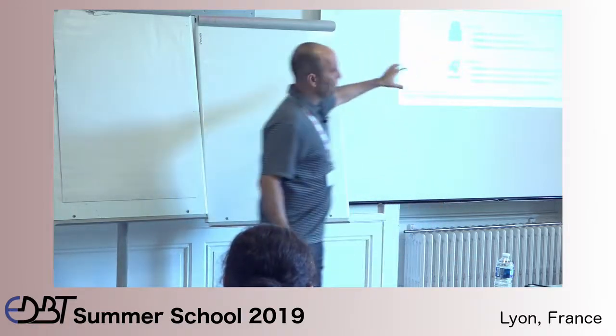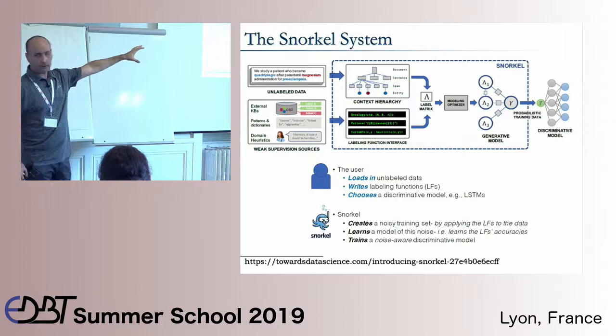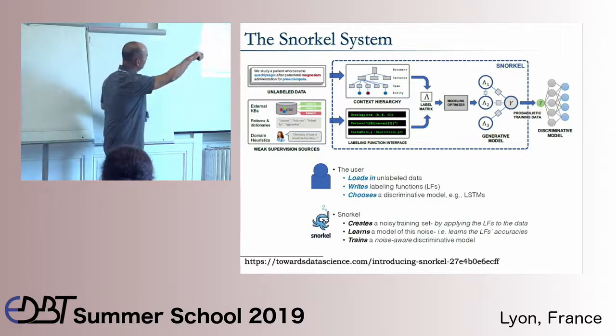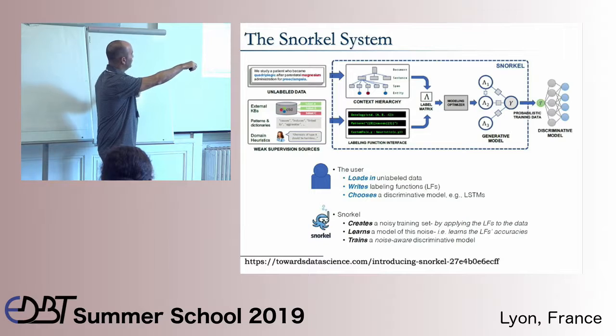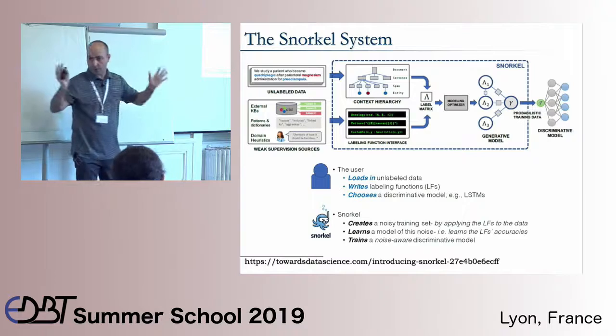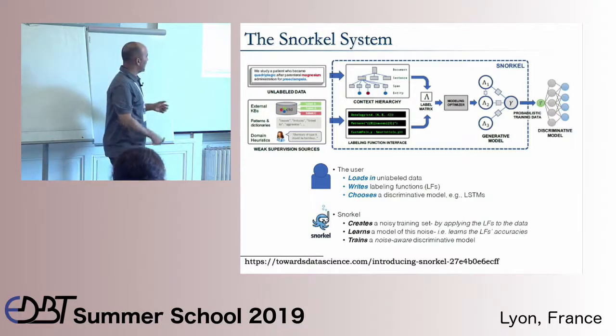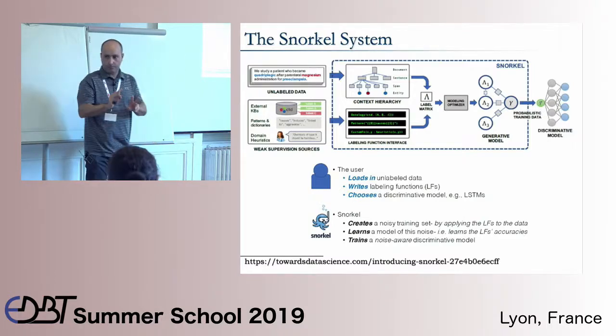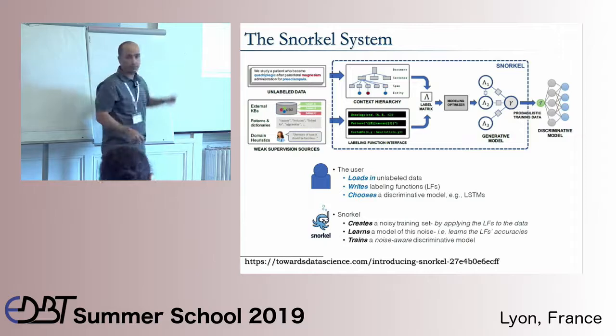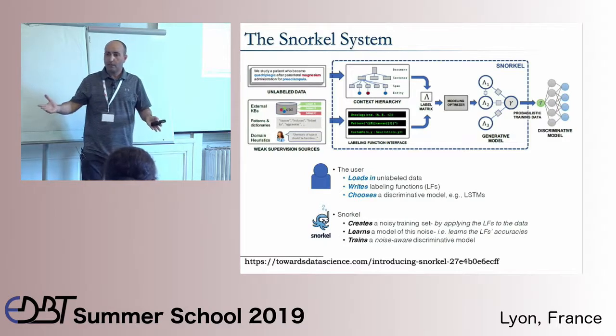But think of it like, if all you do in the system, look at what the user is doing in the Snorkel system. It loads in the data. It chooses some generative model, which can be a generic model. And up to this point, with these two items, the problem is not different.